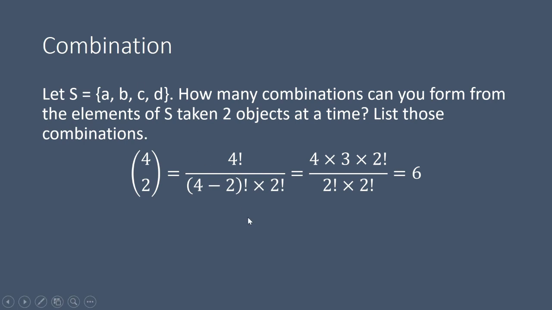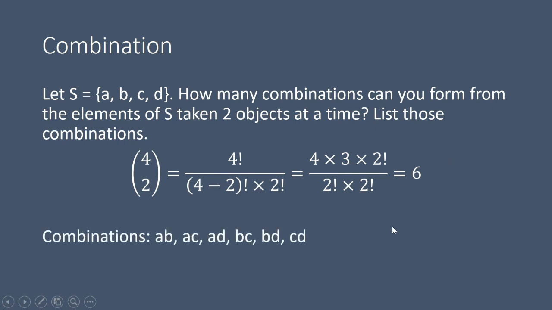It's equal to 4 factorial divided by 4 minus 2 factorial times 2 factorial. 4 factorial is 4 times 3 times 2 times 1, but 2 times 1 is just 2 factorial, and 4 minus 2 factorial is 2 factorial. 2 factorial divided by 2 factorial is 1. And so 4 times 3 is 12 divided by 2 factorial, which is just 2 times 1, that is 2. So this is equal to 6.